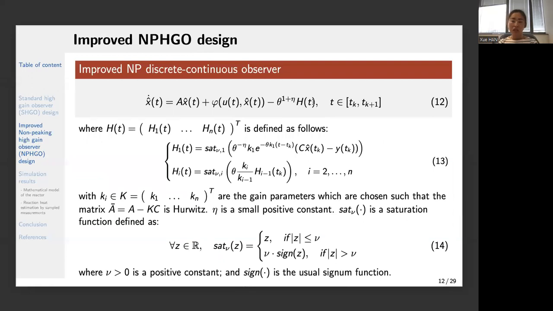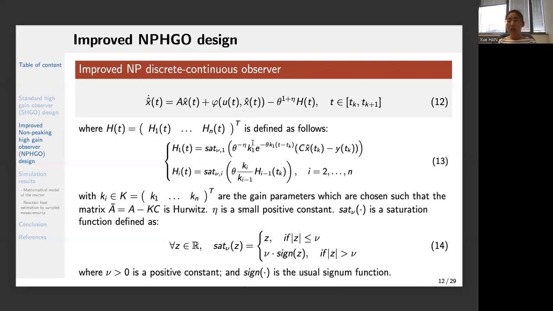Here, H is the correction item, and it is a vector of H1 to Hn. For each element of H, it is a saturation function like this. For H1, it equals sat nu 1, and we use theta to the power of minus eta times K1. K1 is the first element of the observer gain.